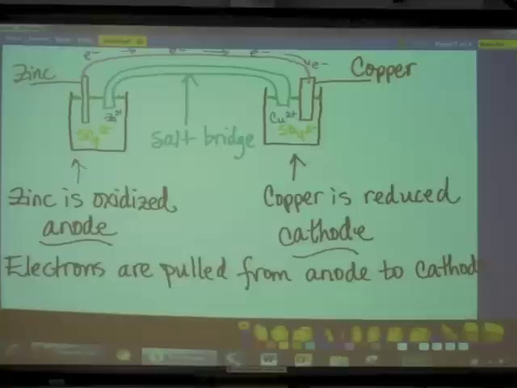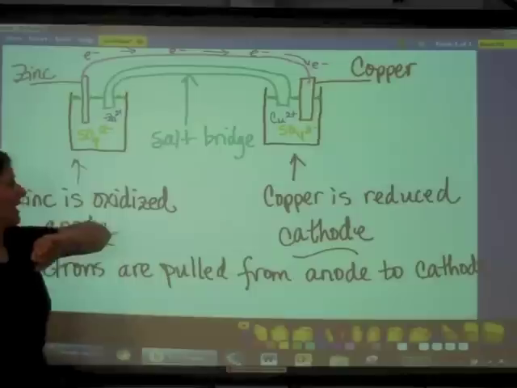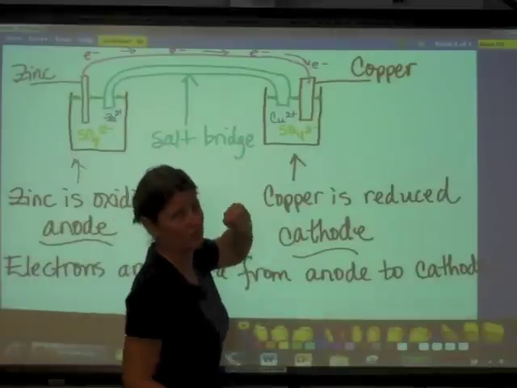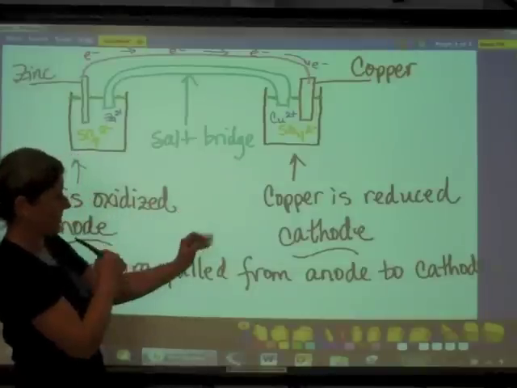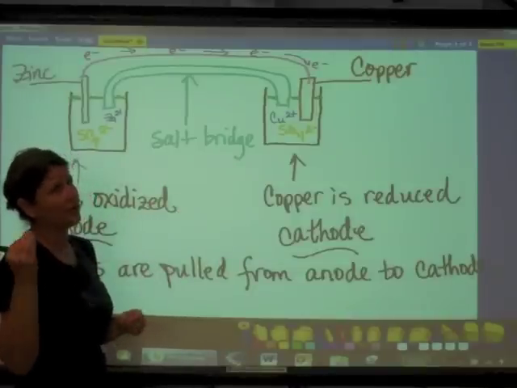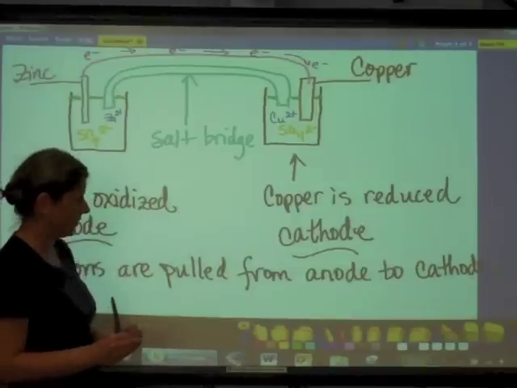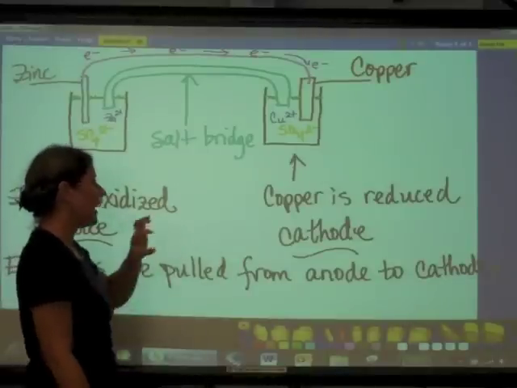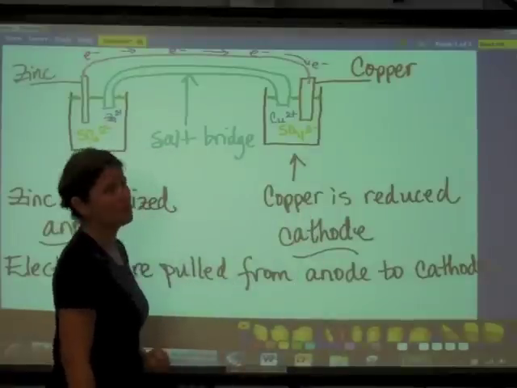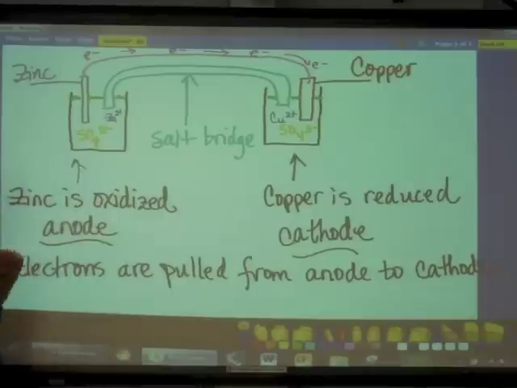Okay, now you guys, let's not be fooled. The anode is not always on the left side of the picture, and the cathode is on the right side of the picture. That is not the way that it occurs. Okay, sometimes it will be written opposite. So the only way that you can identify the anode from the cathode is that you have to know what's happening where. The cathode is being reduced, and the anode is being oxidized.